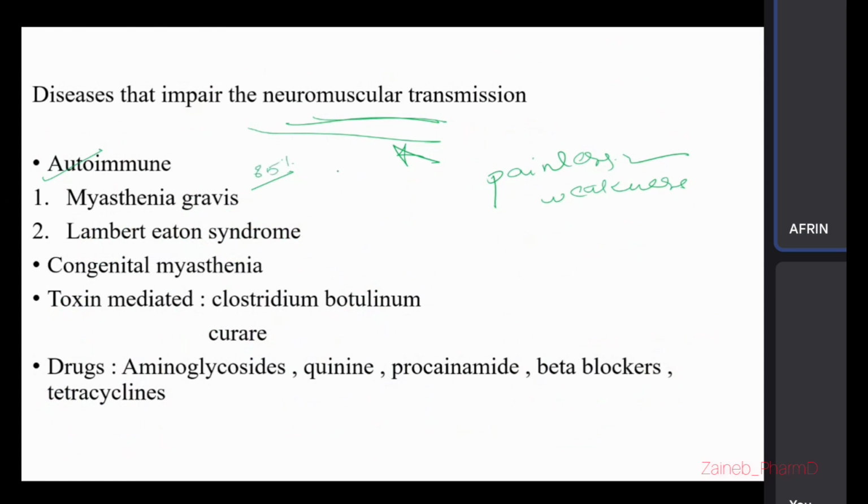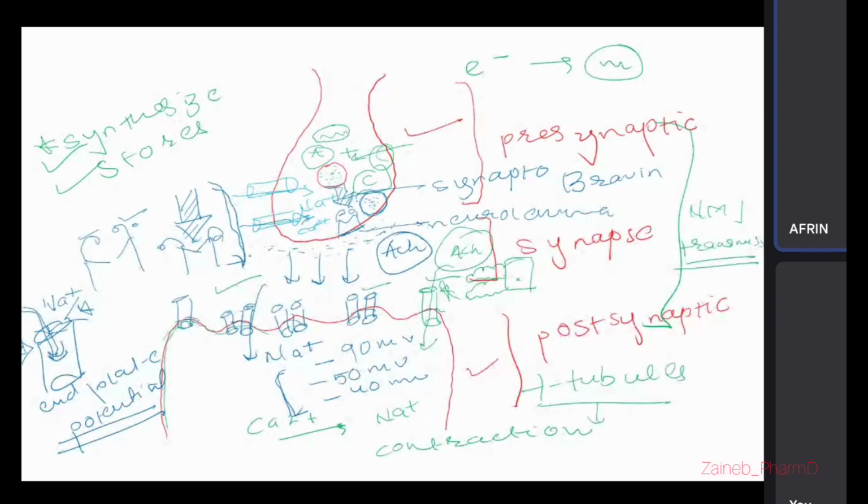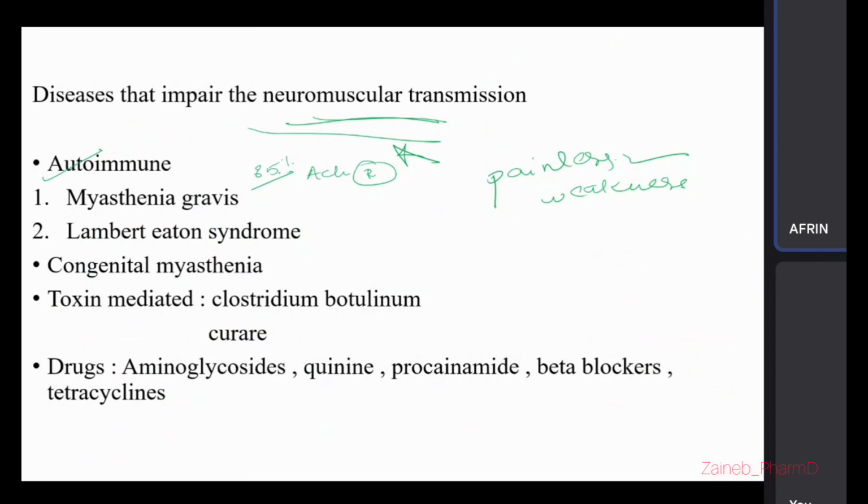In myasthenia gravis, 85% of the patients have antibodies against the acetylcholine receptors, over here. The remaining 15% of the patients have antibodies against a special protein which is known as the MuSK protein.